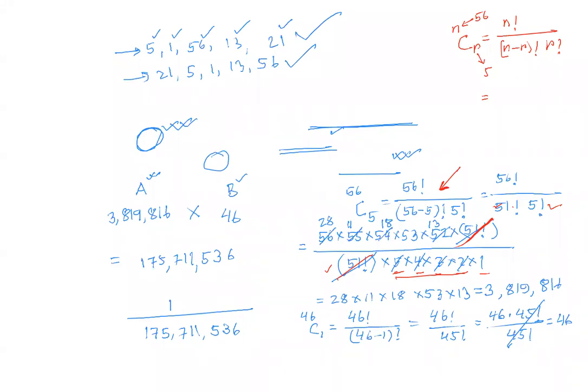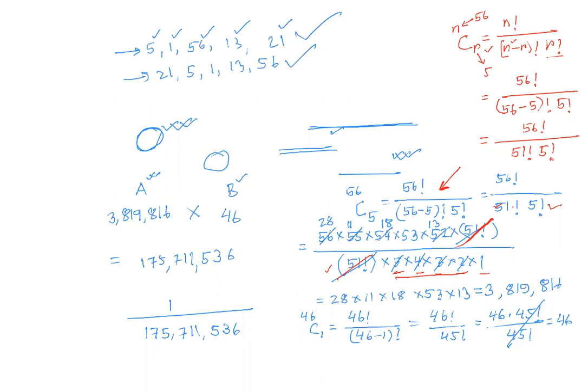So it's going to be 56 factorial divided by 56 minus 5 factorial times 5 factorial. If you simplify that, it's going to give you 56 factorial over 56 minus 5, which is 51 factorial, times 5 factorial. And that's how I get that. But that's only for this one because we're using the combination.